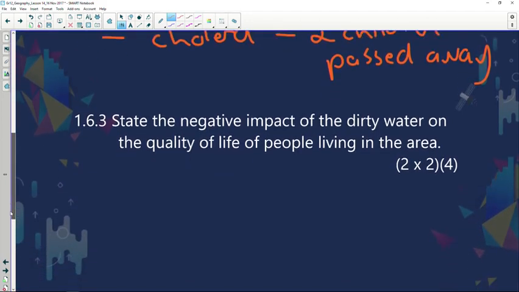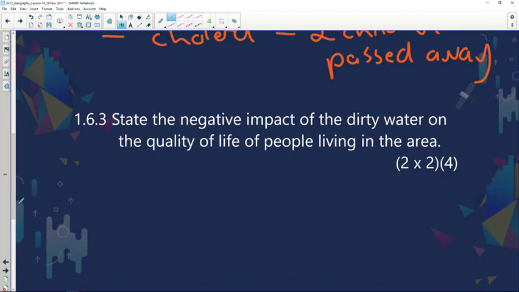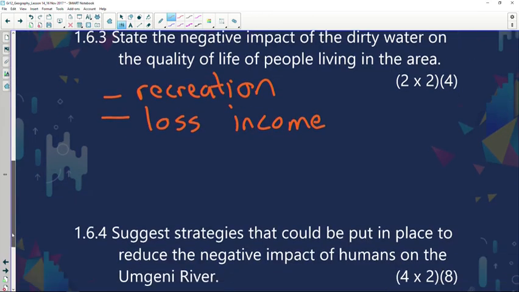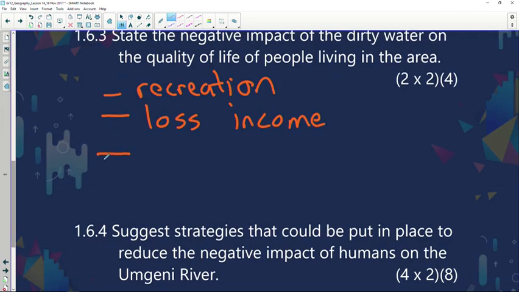State the negative impact of the dirty water on the quality of life of people living in the area. Now, first of all, we won't be able to use it for recreation. Another reason is it might be a loss of income, because people might use the river for recreation, but now no one is allowed to go there because they're scared of being infected with some sort of virus.